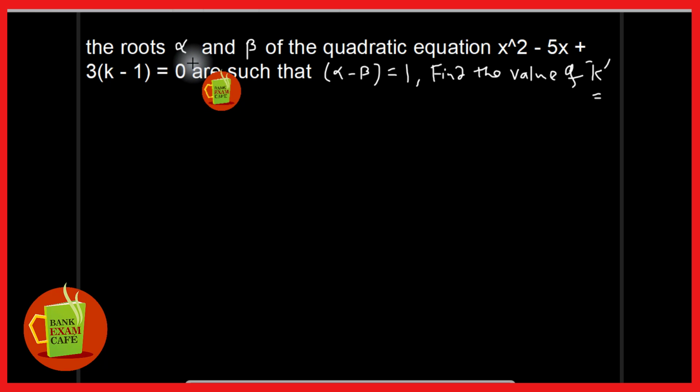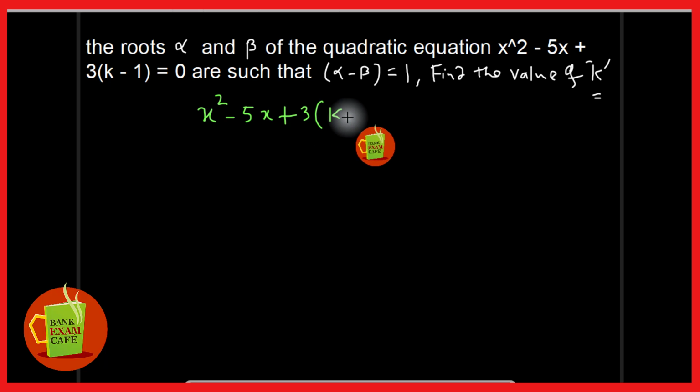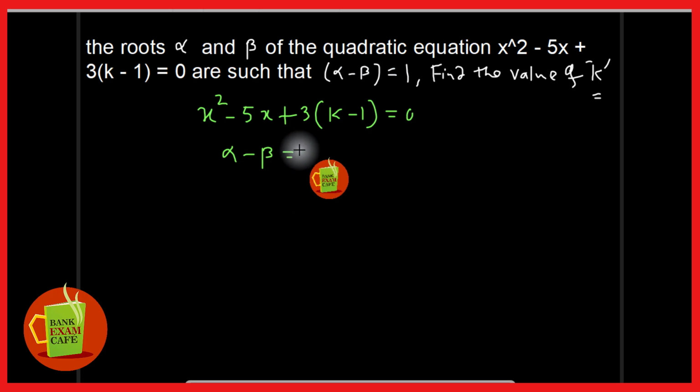We have to find the value of k, and the given quadratic equation is x square minus 5x plus 3 into bracket k minus 1 close the bracket, which is equal to 0. And it is given that alpha minus beta is equal to 1. Let this be equation number 1.